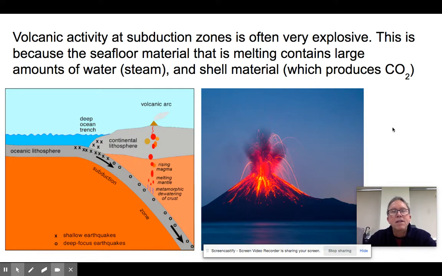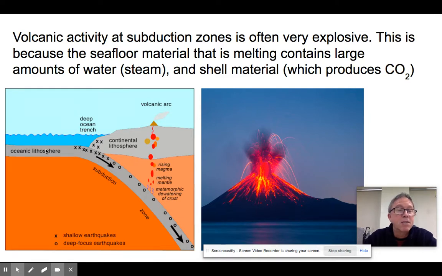Now, the reason they're so explosive compared to mid-ocean ridges and rift valleys is because of this. These things have a lot of water entrained in them, because they're at the bottom of the ocean. And not only the water, basically, as it melts, it makes steam, and steam makes explosions. But another thing is there's a lot of pelagic sediments.